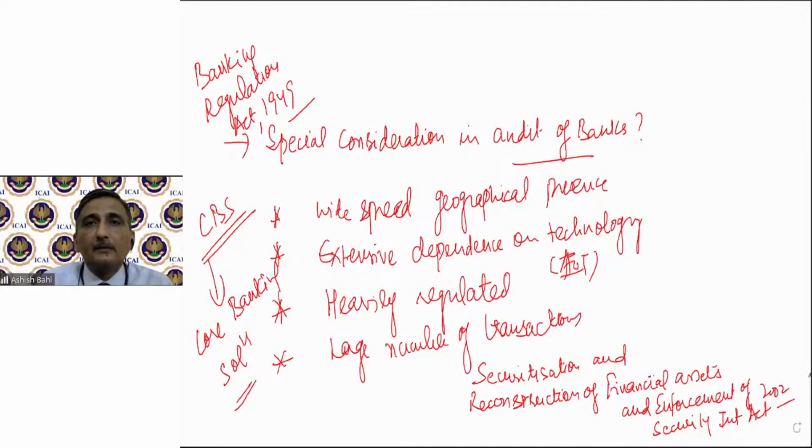Say, in case some account turns NPA, then after following the due process in accordance with this law, the banks can sell the properties which are mortgaged for availing that loan or that credit facility.